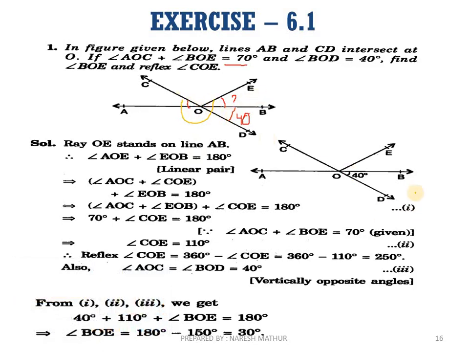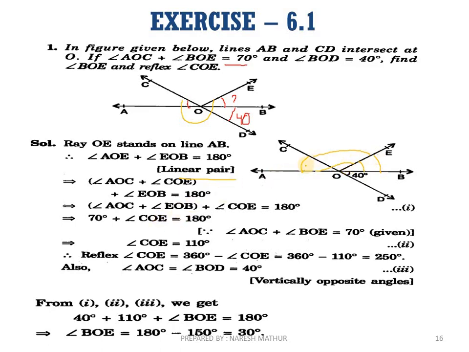Alright, so first of all, AB is a straight line as we are given, so we can write angle AOE plus BOE equals 180 degree, linear pair. And angle AOC plus angle COE plus EOB, as AB is a straight line and we are given three different angles on the straight line, so the sum of these three angles would be 180 degree.